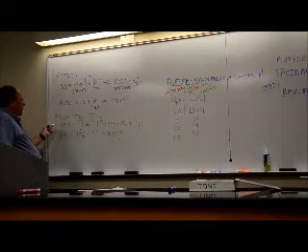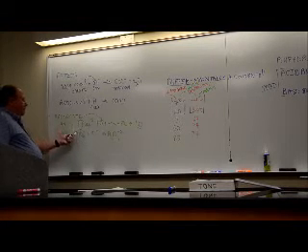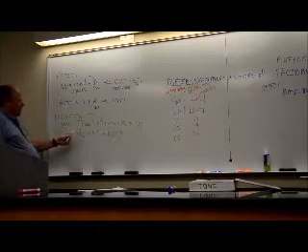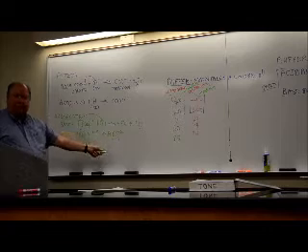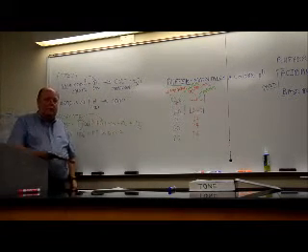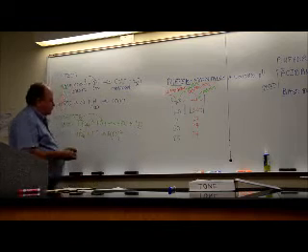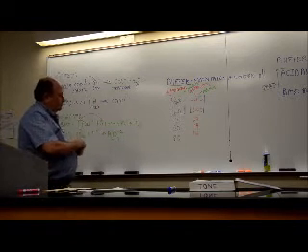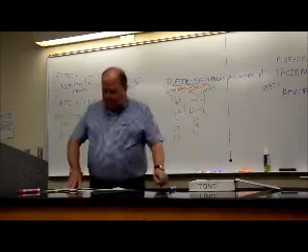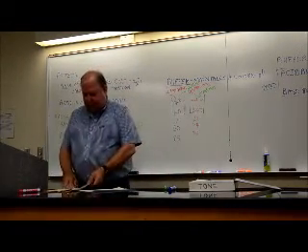So again, the base buffer combines with base to form the acid buffer. The acid buffer combines with acid to form the base buffer. Yin and yang, okay? And then the last buffer system is the bicarbonate buffer system.